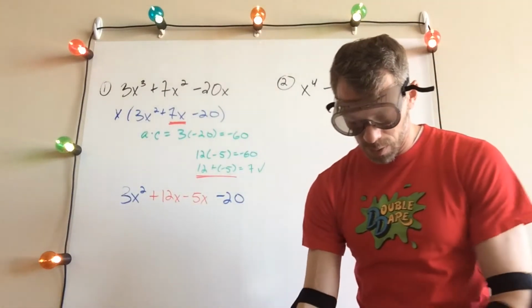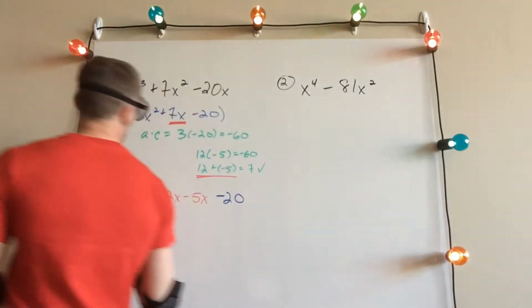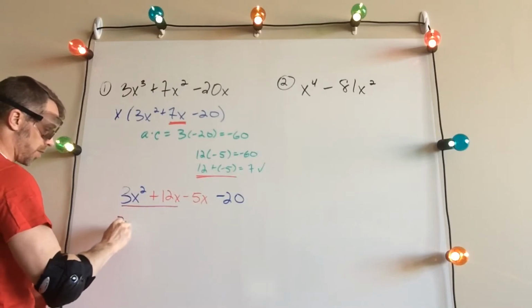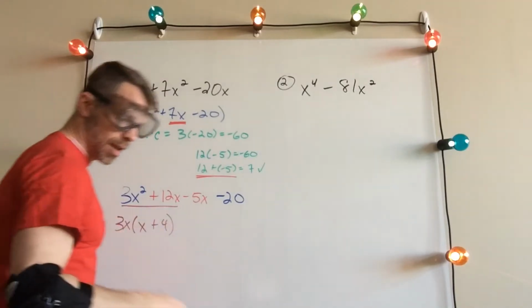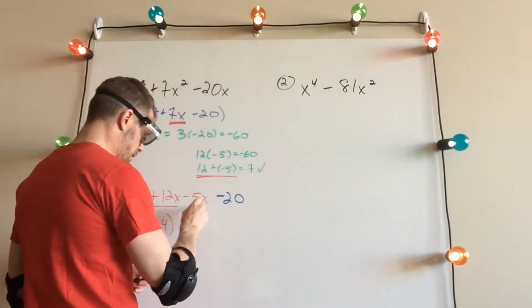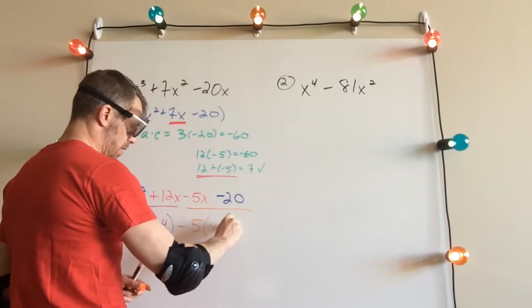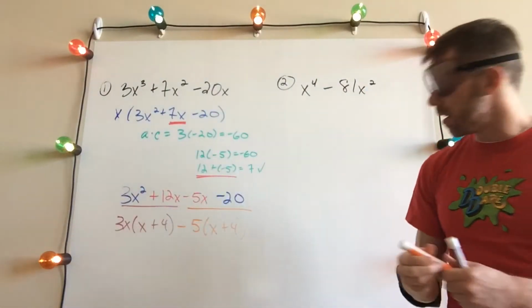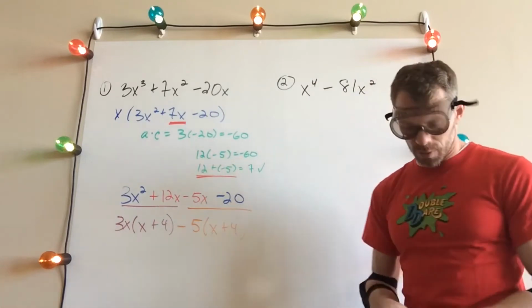So now we're going to take a look at the first two pieces. Factor a GCF out of the first two pieces, and that's going to be a 3x. And factor a GCF out of the next two pieces. That's going to be a negative 5. When we take a look there, our two sets of parentheses are the same, both x plus 4.